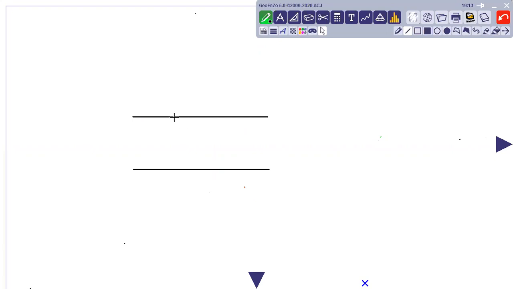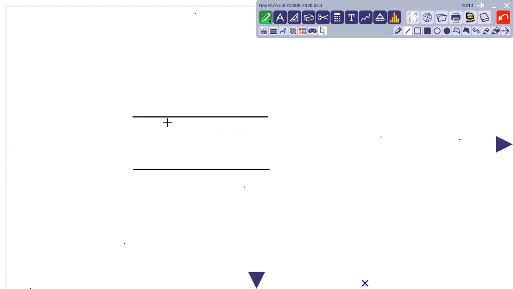You extend this first line to the left and right, and the second line also to the left and right. If they do not meet, then these lines are called parallel lines.